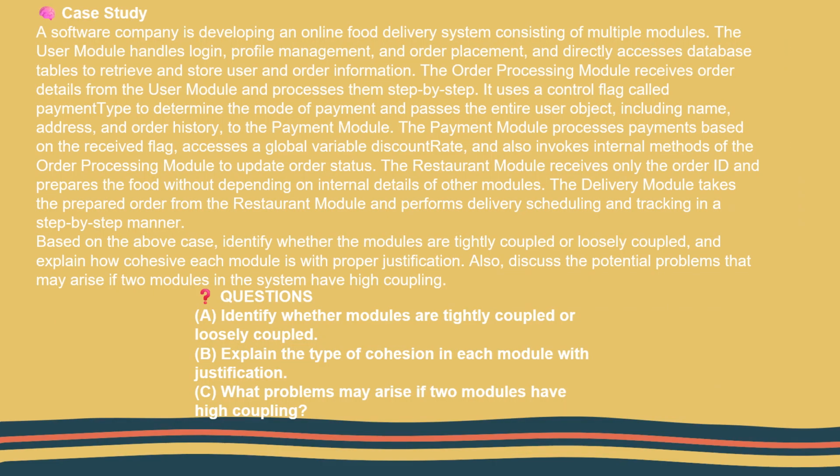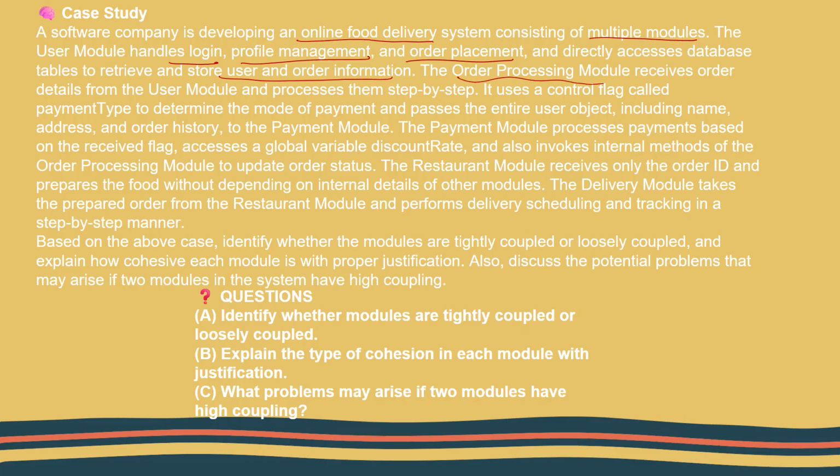So let's do a case study based on this. A software company is basically developing an online food delivery system containing multiple modules. The user module handles login, profile management, order placement, and directly accesses the database tables to retrieve and store user and order information.